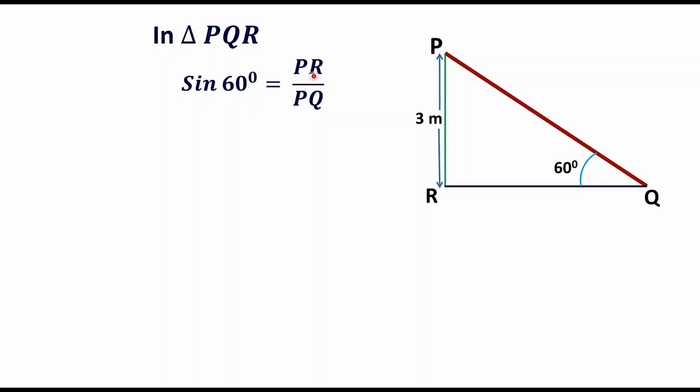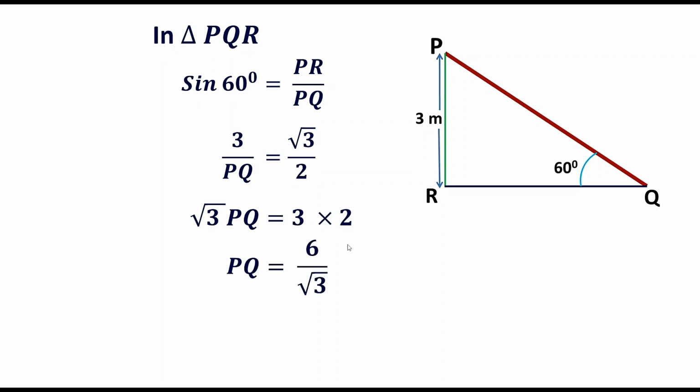So sine 60 degree is equal to PR by PQ, and by substituting the value of PR, which is 3, PQ we have to find out, and sine 60 degree is equal to root 3 by 2. Again by cross multiplication, root 3 will multiply to PQ, root 3 PQ, and 3 into 2. 3 multiplied by 2 is equal to 6, and root 3, which is in multiplication with PQ, when we transfer to right hand side, it will go to the denominator.